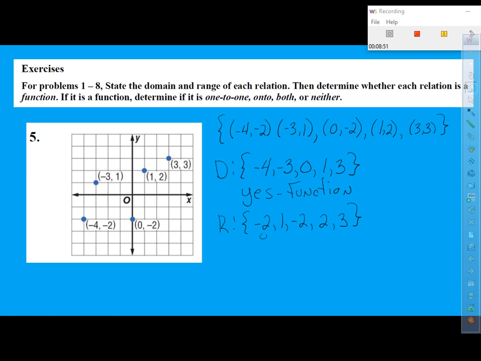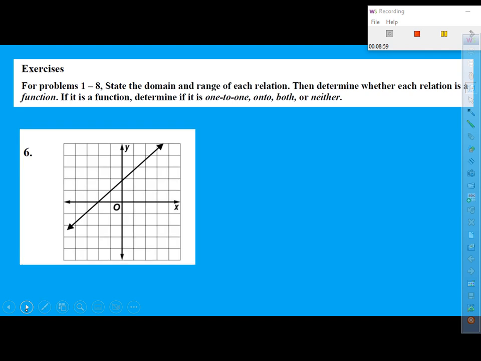Now, number 6, I'm going to put a little twist in here. The domain of this, if I started listing all the ordered pairs, I could list them forever. So check this out. I'm not going to list that as domain. I would have the ordered pair 0, 2.